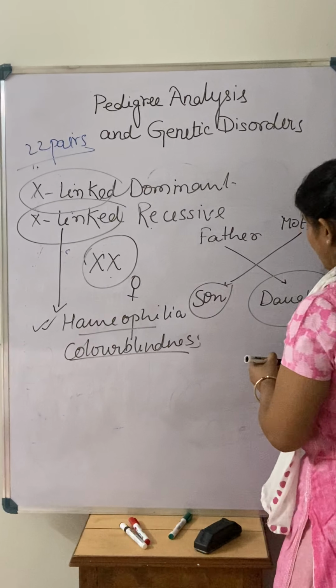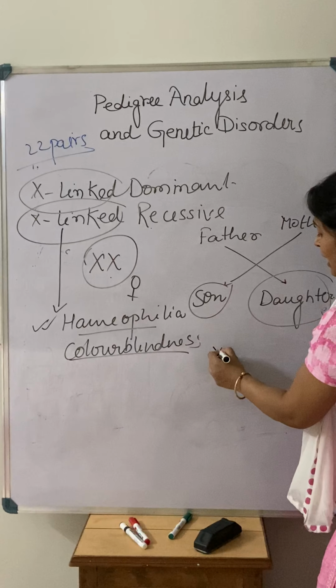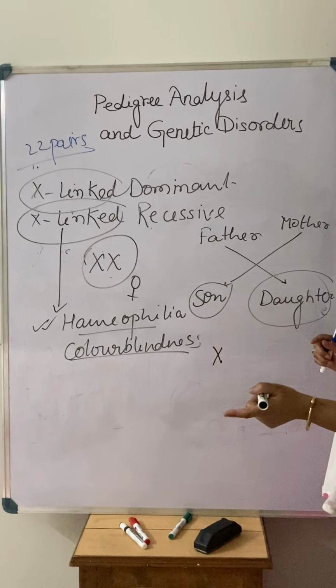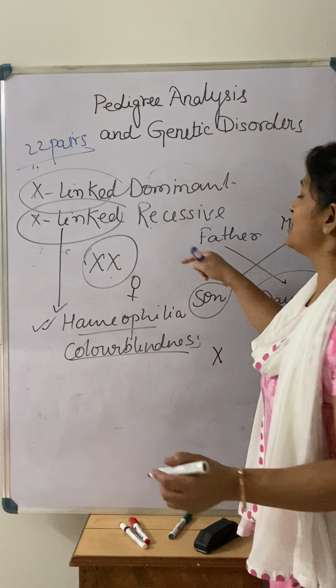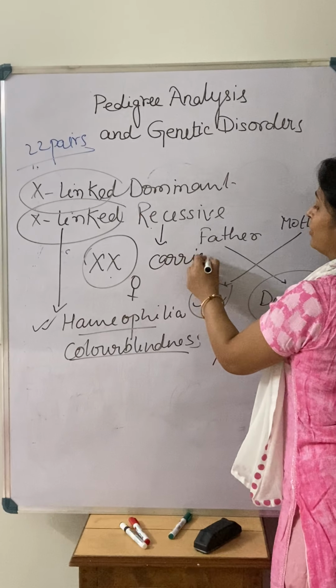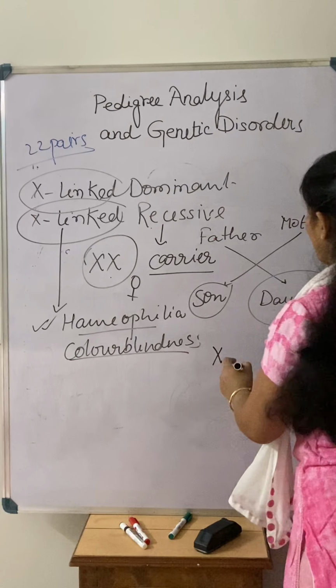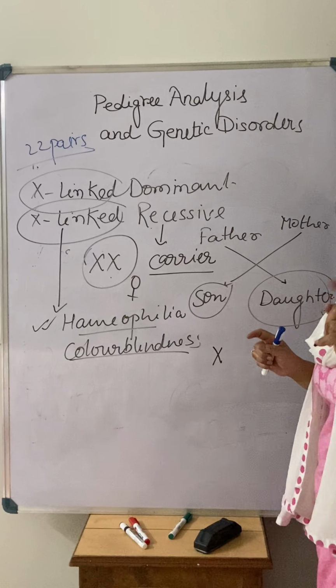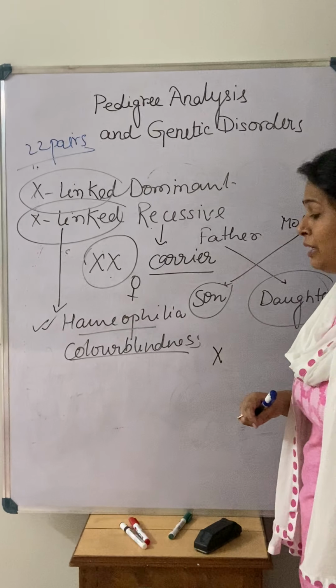So in this case, if the mother is a carrier. This is a recessive disease. As I told you in autosomal also, in case of recessive disease there is one form that we call a carrier of the disease. If the mother is a carrier, it means both chromosomes of the pair do not have the infected gene.